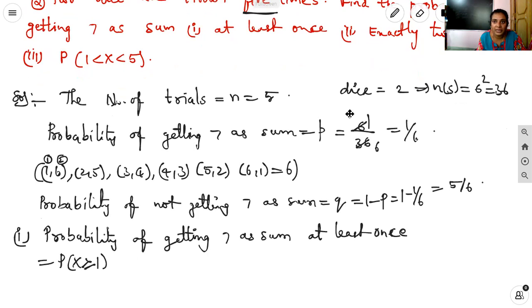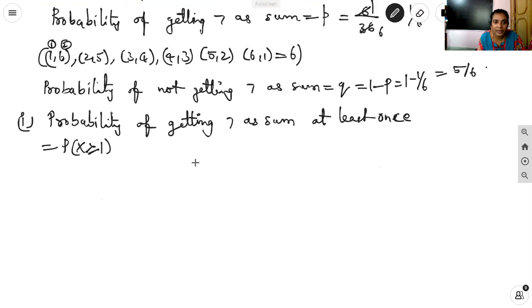If it is greater than or equal to 1, then the total summation of the probability is equal to 1. In that, we can subtract only the 0 value, then we are getting the probability of x greater than or equal to 1. Why?